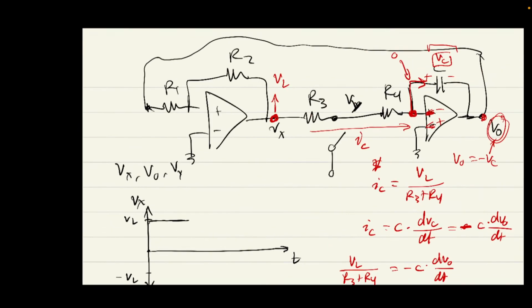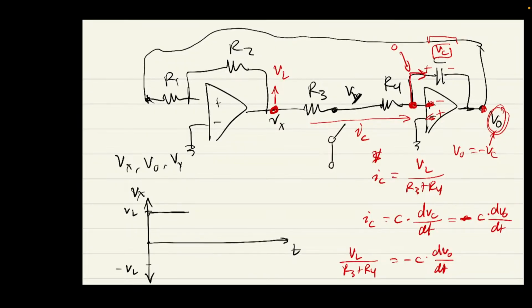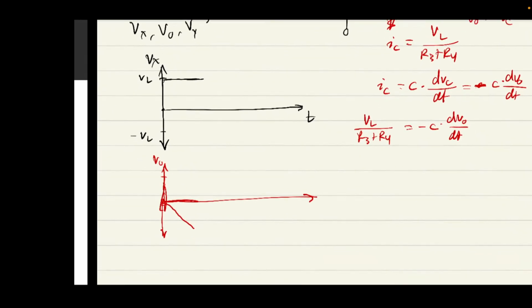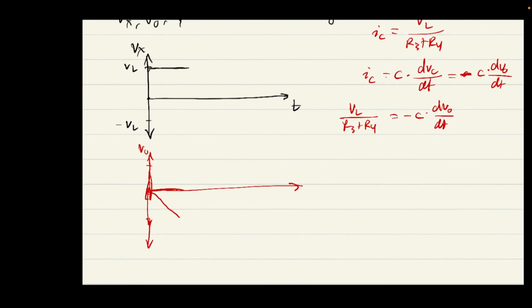Remember that VO is the input to the Schmitt trigger, so it'll hit that threshold value that we derived before, which is negative R1 on R2 times VL, right?